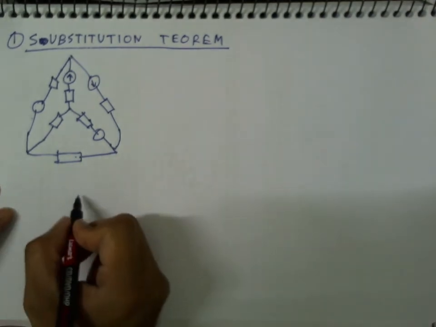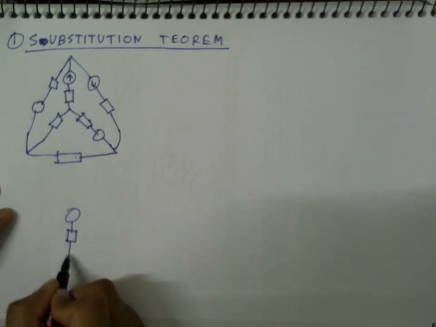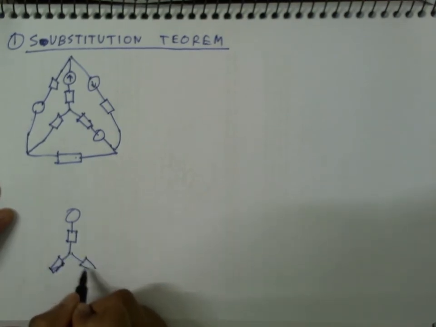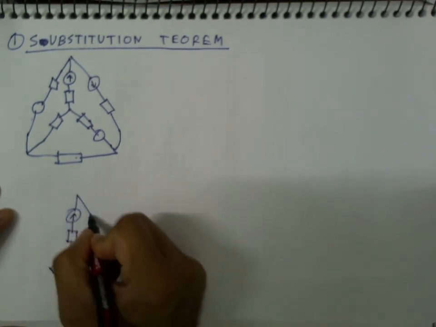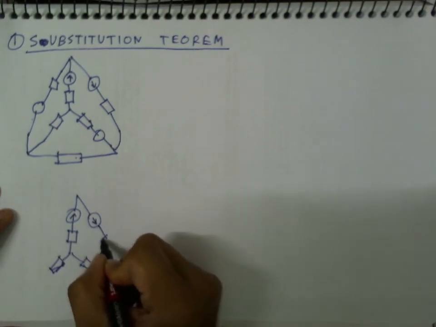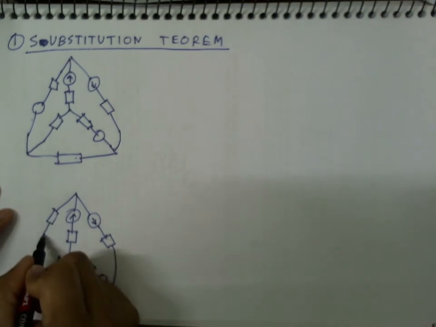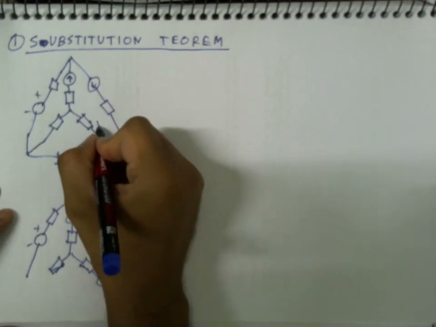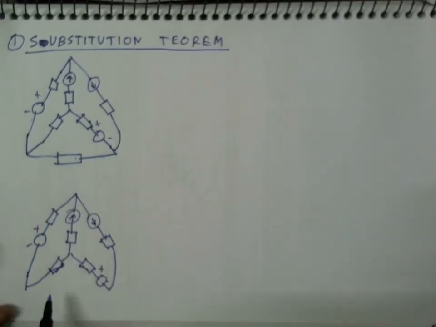Okay, so maybe once here, so exactly identical circuit I will copy. Okay, I will not draw this branch right now because I will do something there.